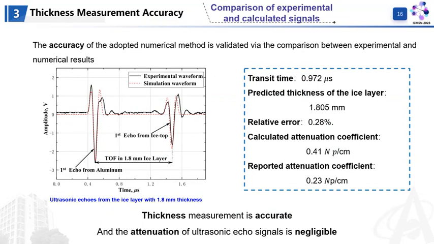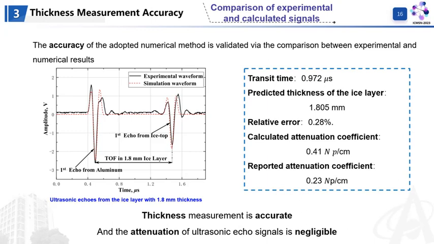First of all, the accuracy of the numerical method is validated by comparing experimental and numerical results on a clear glaze ice without water film. The ultrasonic echo waveforms of a 1.8 mm thickness ice layer are shown in the picture.